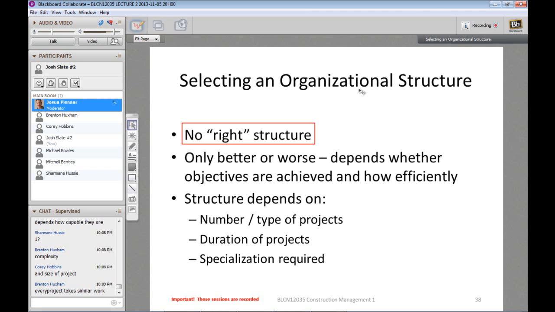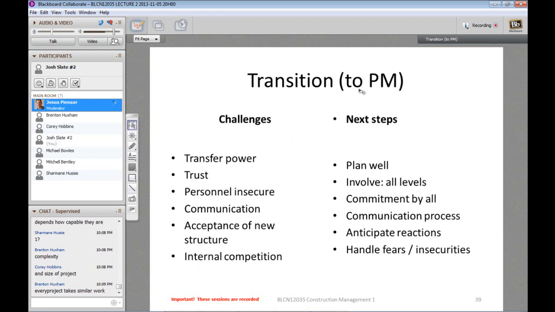Right, so previously there's all the things that you guys mentioned in the chat window, the number and types of projects, the duration or the complexity, and of course the specialization that is required for that specific project. So when we look at the transition of companies into project management, these are the typical issues that we have to think about. So thinking about your question number 1, these are the issues that your client might be suffering from.